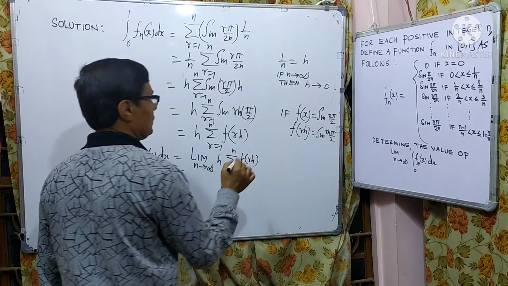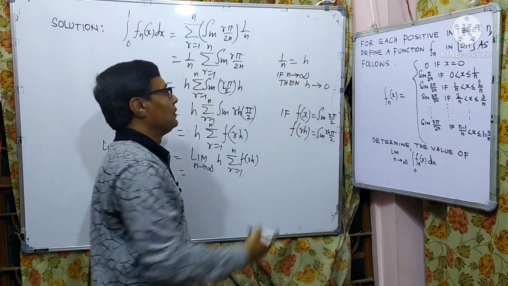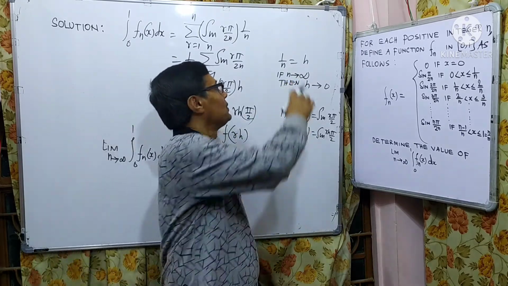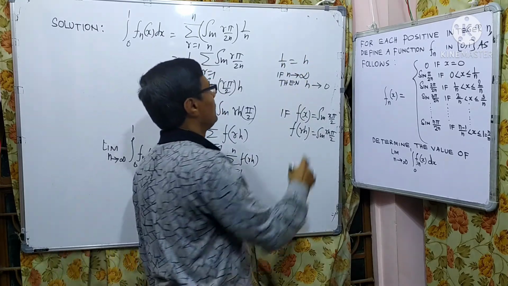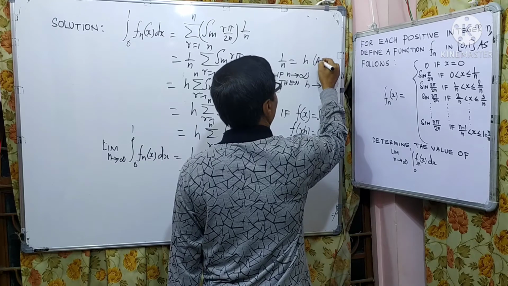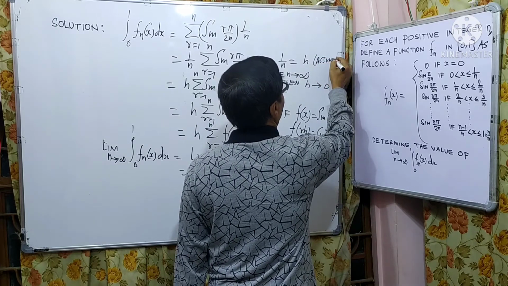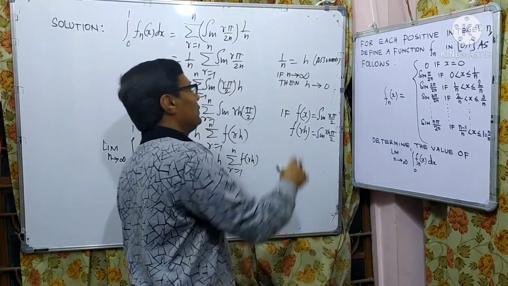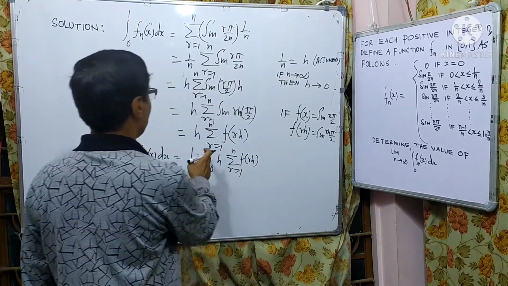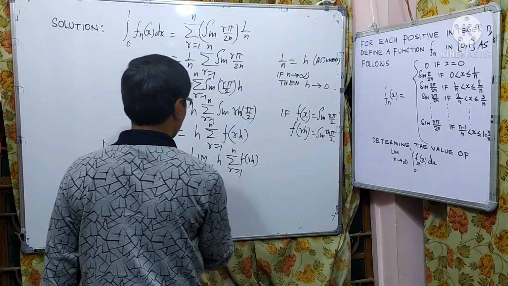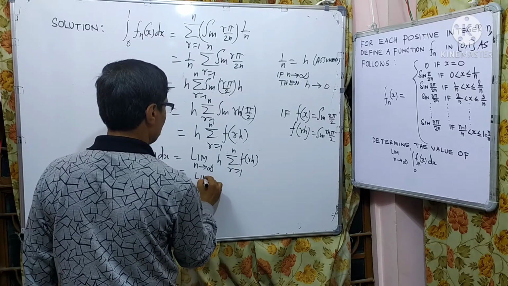Also, if n tends to infinity, we have h tends to 0, because 1 by n is assumed equal to h. So if n tends to infinity, then h also tends to 0, so we can write limit n tends to infinity as limit h tends to 0.